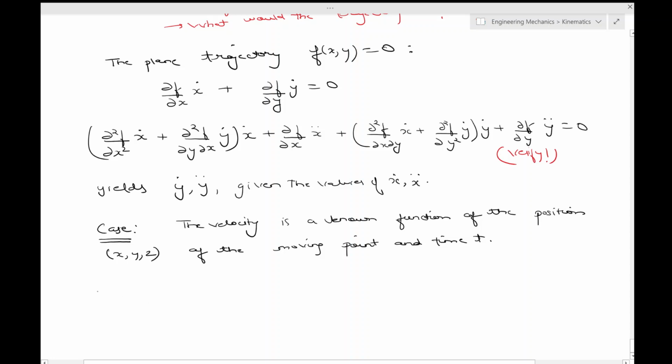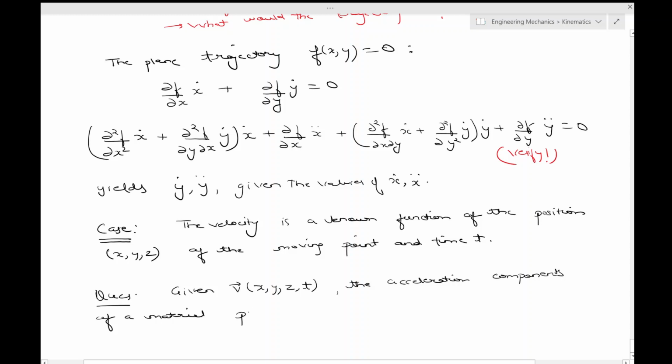So let's pose the question. Given the velocity at any given location, what are the acceleration components of a material point with r(t) equal to x i hat plus y j hat plus z k hat?